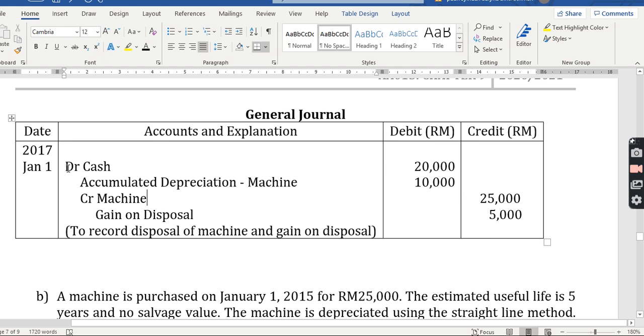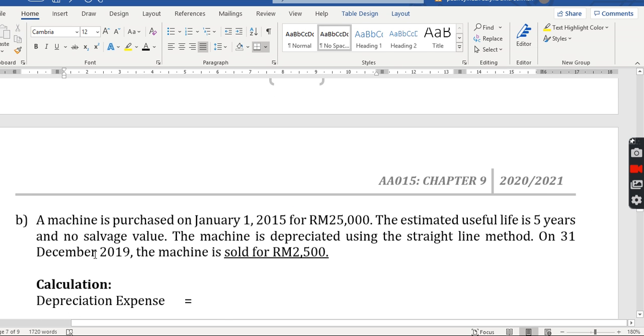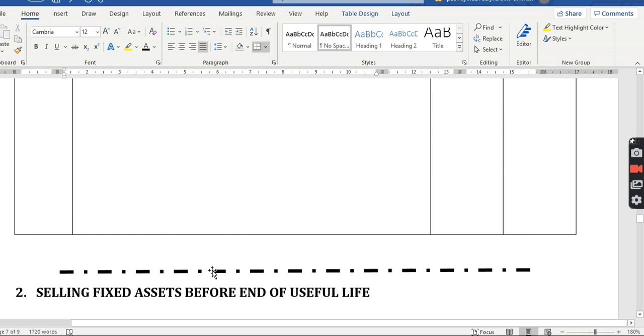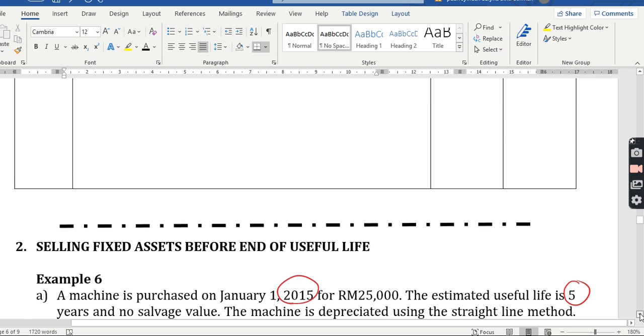We will debit cash 20,000 ringgit, the amount you receive upon the disposal of the asset. Then we will close the accumulated depreciation account. How much do I need to record for it? It is based on what you've calculated earlier.